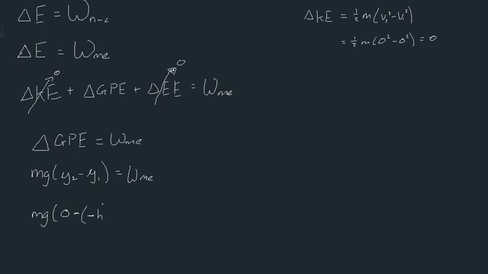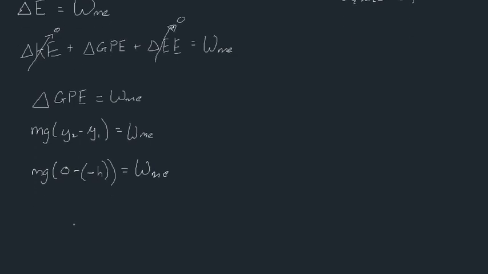Negative h. And that's going to be equal to the work done by me. If you simplify that out, we can say that the work that I've done to move the ball a distance h against gravity is going to be equal to, in magnitude, mgh. So that's the work I've done in order to lift the ball up against gravity.